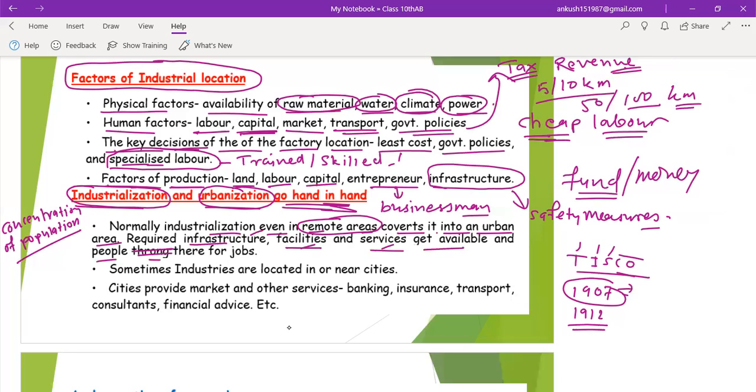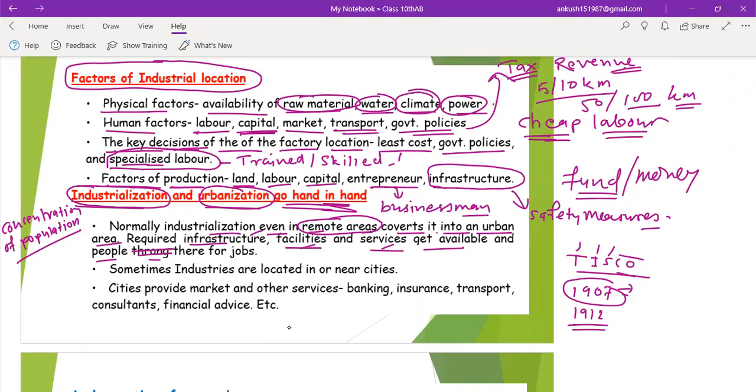Suppose a big industry has been set up there. You might have heard that the Tata Group or Tisco provide their employees with things, treating them as semi-government.